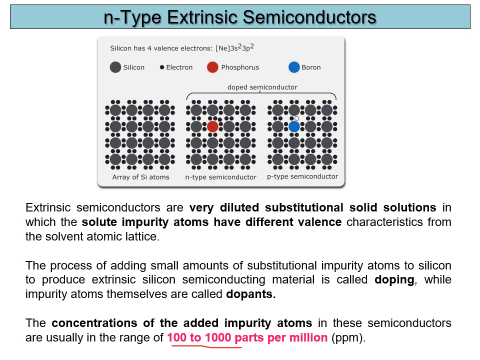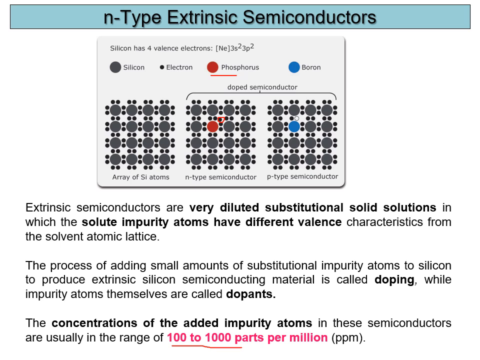We can see in this figure, silicon has 4 valence electrons. Then we dope with phosphorus, which comes from group 5 of the periodic table, so it has an extra electron here.